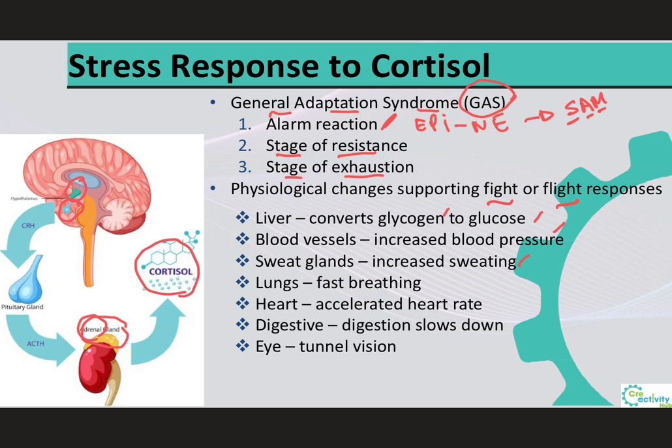Your lungs will have to work harder because you're using up more oxygen. Your heart also will accelerate for the same reason. Digestion will slow down. Do you need to continue the digestion right now? No, digestion can wait. And tunnel vision with regards to the eye: you need to focus on where you're going, so you need to be alert.